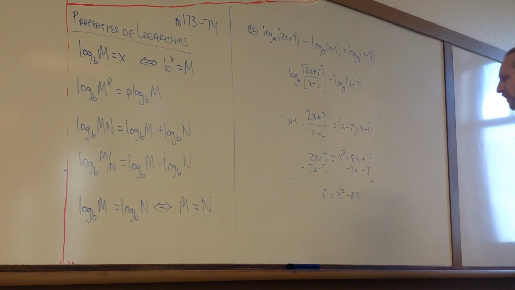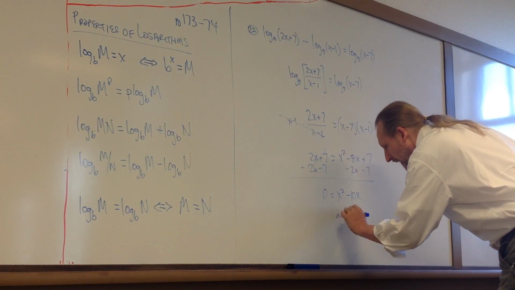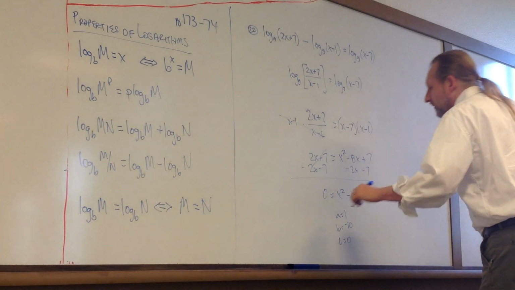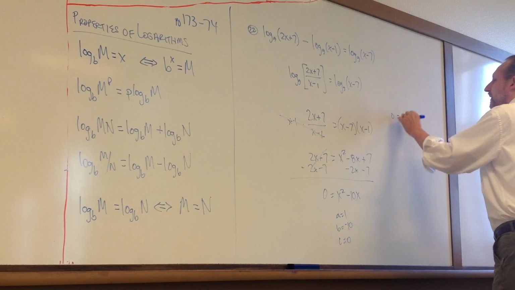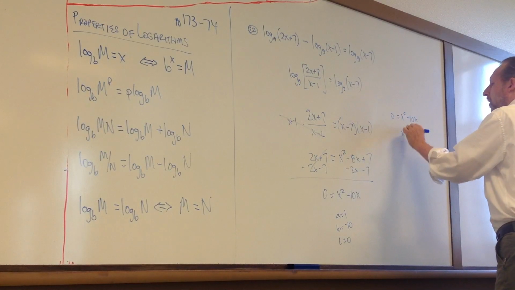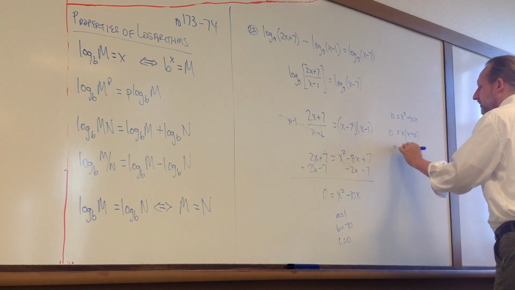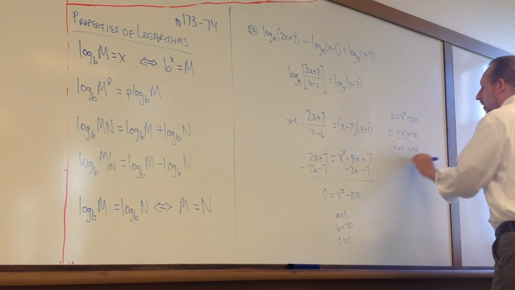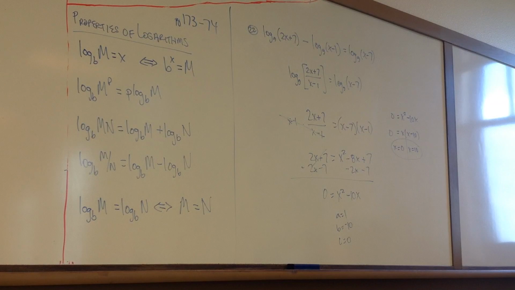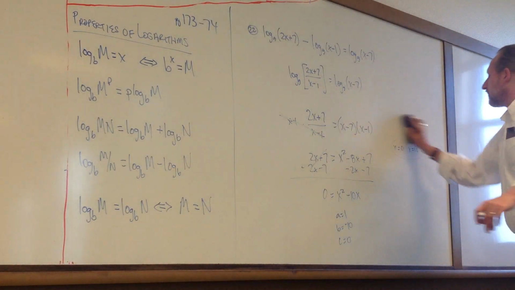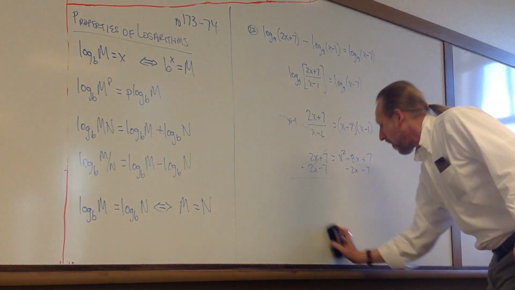You can run this through the quadratic formula if you want to, where a is 1, b is negative 10, c is 0. You can also solve this by factoring. And so we get x equals 0 or x equals 10. All right, we'll look at a couple more here.